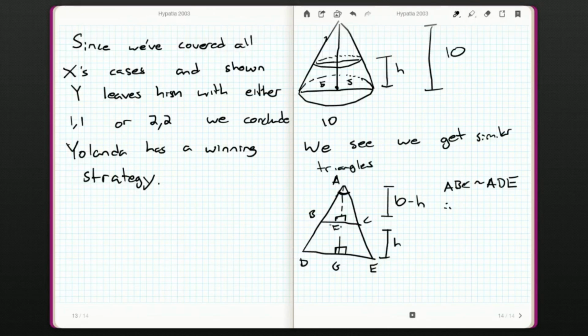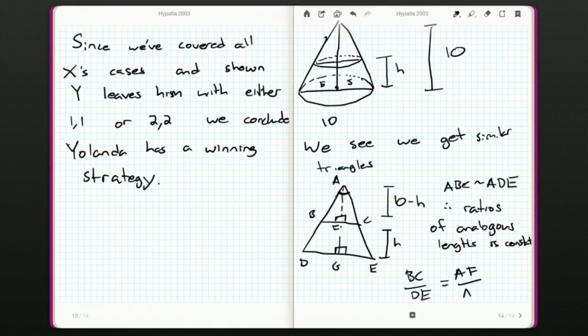So what we can see is the ratio between their bases must be the same as the ratio between their heights. So BC over DE, so that's the two bases, should be the same as the ratio between the two heights, AF over AG.